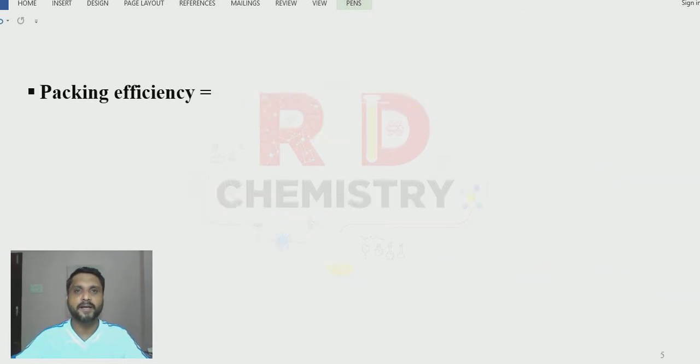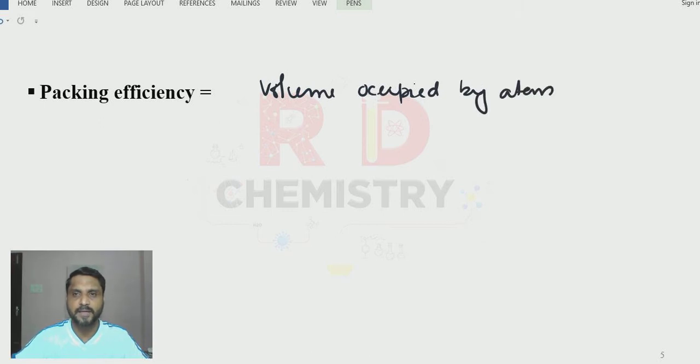How to calculate the packing efficiency? To calculate the packing efficiency, we can use the formula: volume occupied by the spheres of the atoms in the given unit cell divided by the volume of the unit cell, into 100 if I go for percentage.